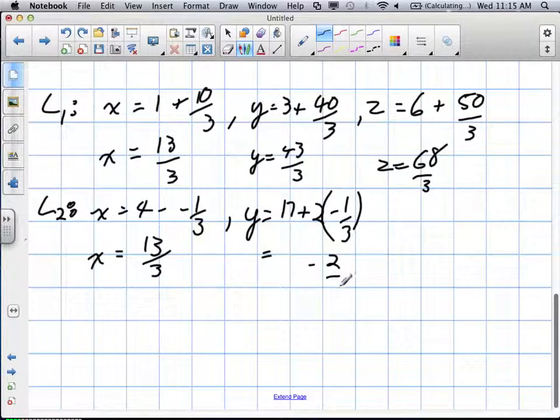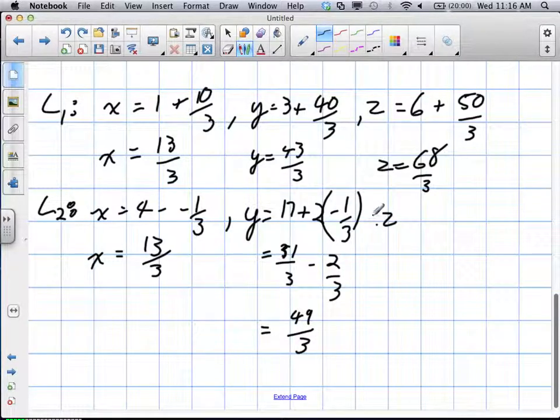17 times 3, what's that give us? 51 over 3. Yes. 51 over 3 minus 2 over 3. Yes, here we go. 49 over 3.